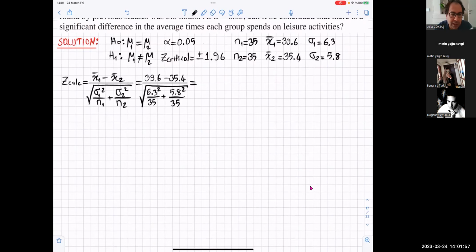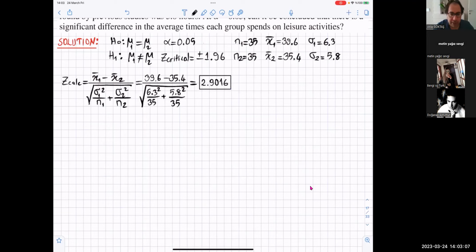If I perform the calculation, my result is, you can check yourself also, and if something is incorrect, you can fix it at home, 2.9016 with four digits. This is my result.